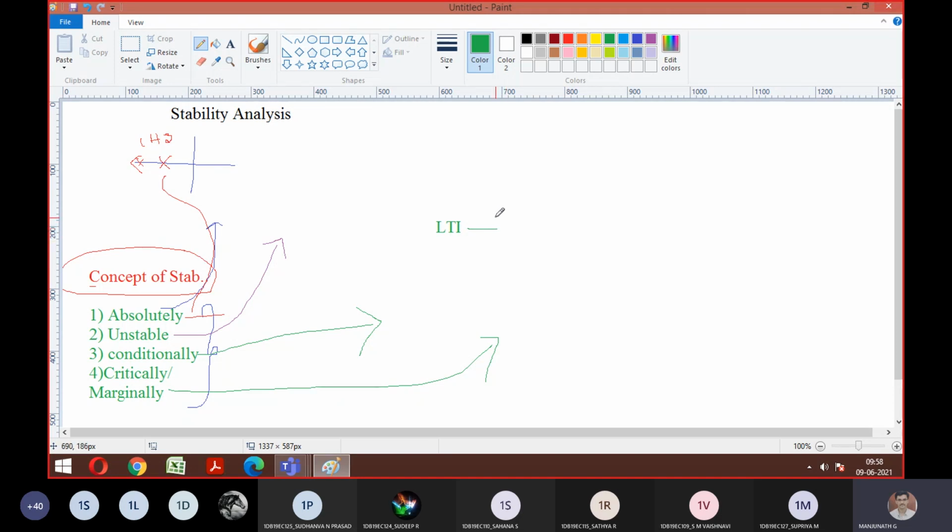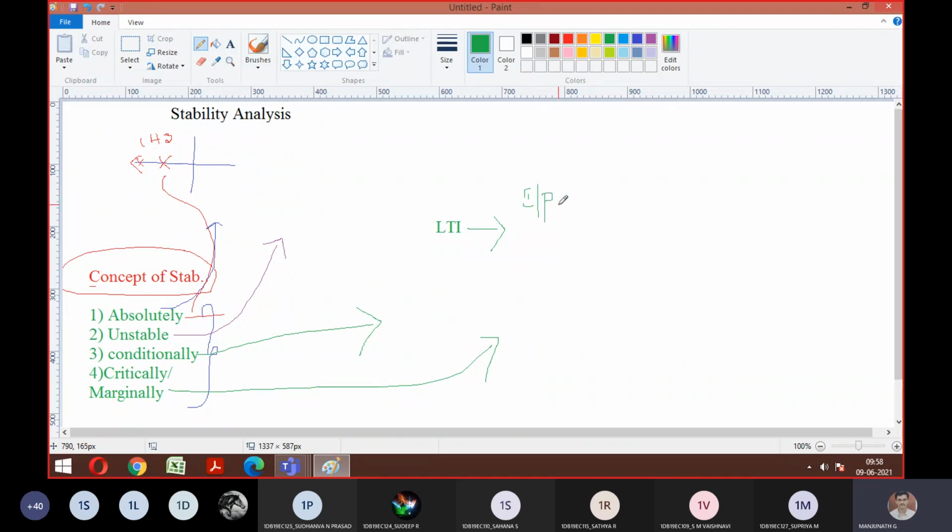An LTI system is said to be critically or marginally stable for input, comma, output; input and output oscillate with a constant frequency and amplitude.